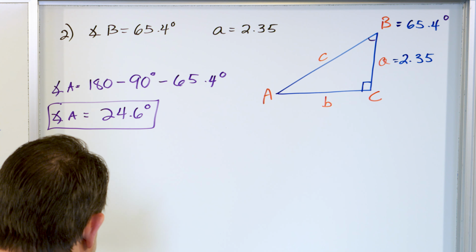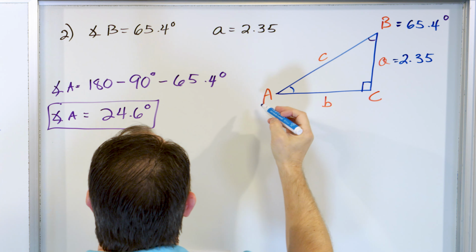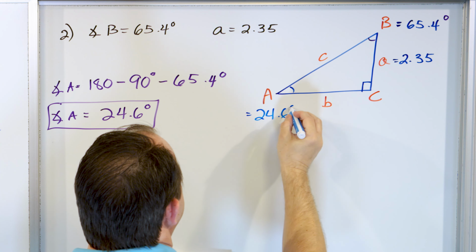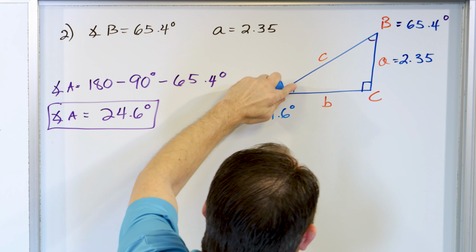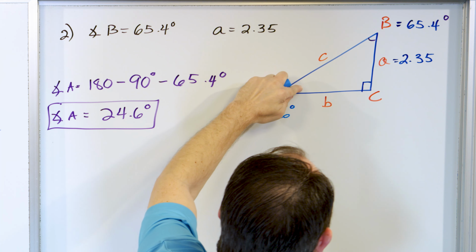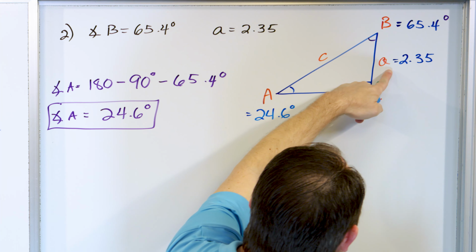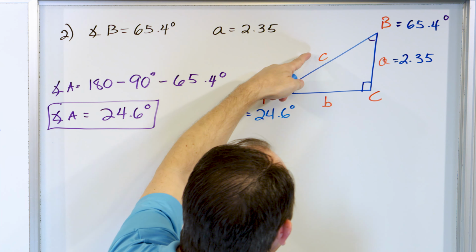All right, next. What can we do next? We know that this angle right here is 24.6. So now that we have it oriented like this, we want to do our sine and cosine based on this angle over here. The sine of this angle is going to be the opposite side over the hypotenuse. The cosine will be the adjacent over the hypotenuse.